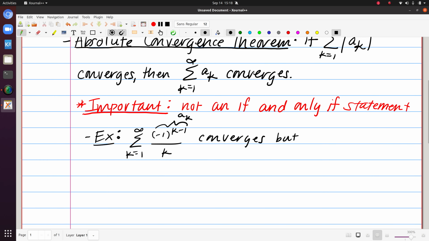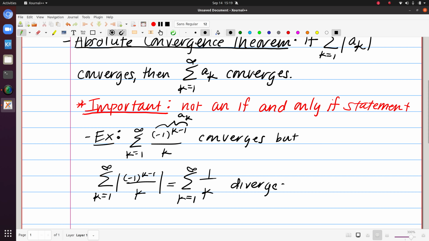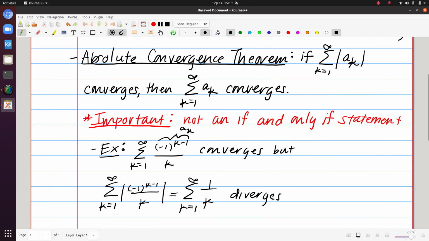If you then wanted to look at the sum of the absolute value of a sub k, that would simply be the sum from 1 to infinity of 1 over k, but that's the harmonic series. This we know diverges. So we see here an example where the sum of a sub k converges, but the sum of the absolute value of a sub k diverges. And the moral of this is just to be careful that this doesn't work in both directions.